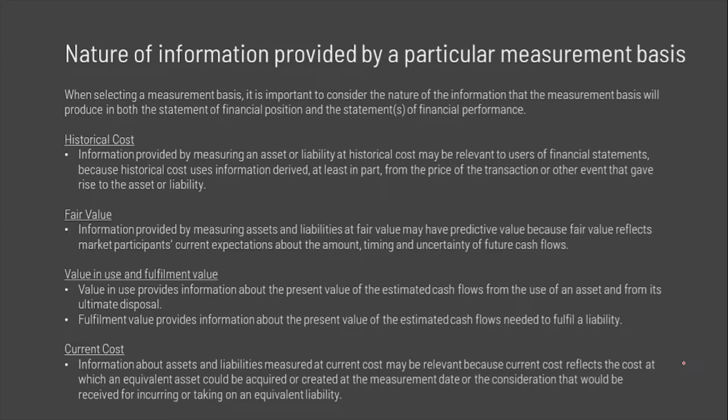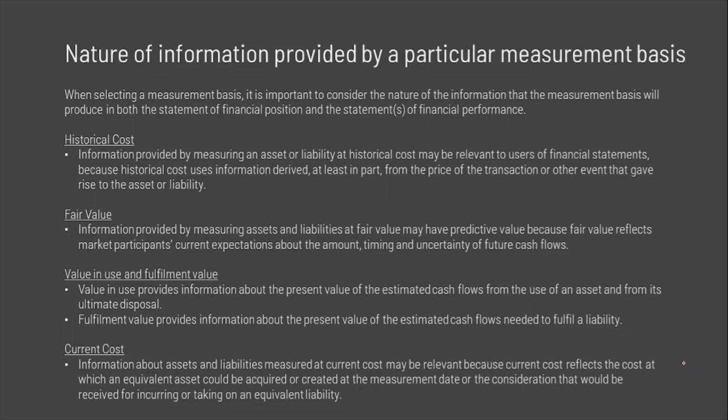Another example, the historical cost and current cost measurements include transaction cost in acquiring an asset, whereas fair value measurement excludes transaction cost. Value in use measurement considers only the transaction cost on the asset's disposal. Last example, the computation of gain or loss on the derecognition of an asset depends on its measurement basis.